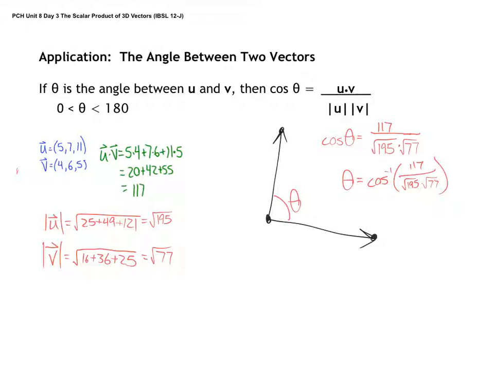And what do we get? Alright, so we got 17.29 degrees, or you could do 17.3 degrees. We usually round our angles to one decimal. So again, finding the angle is the same thing we've been doing.